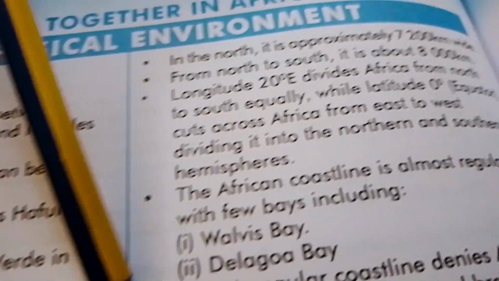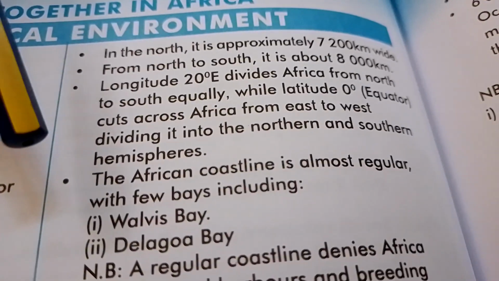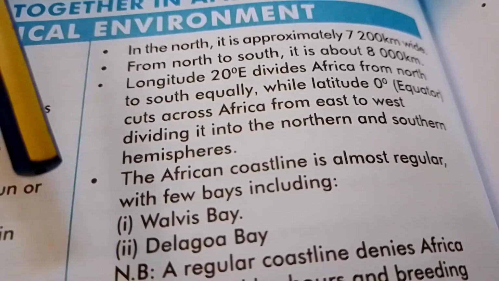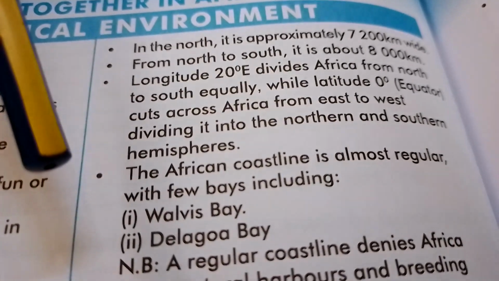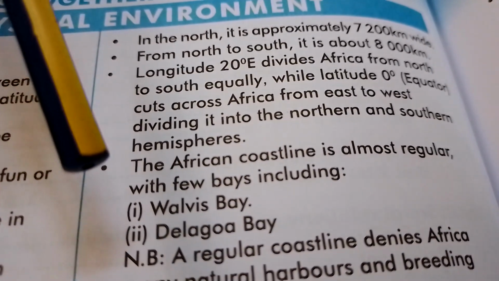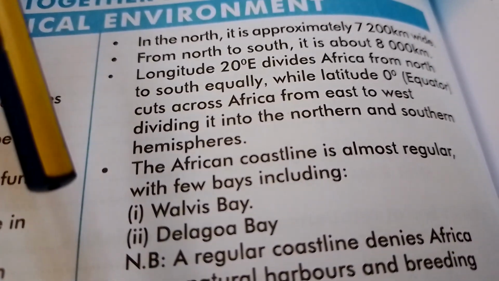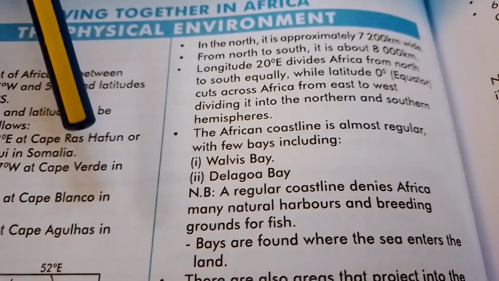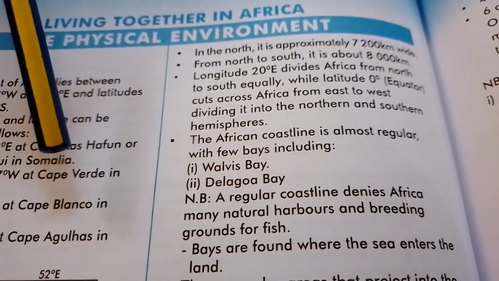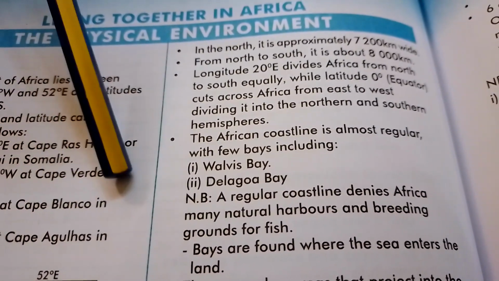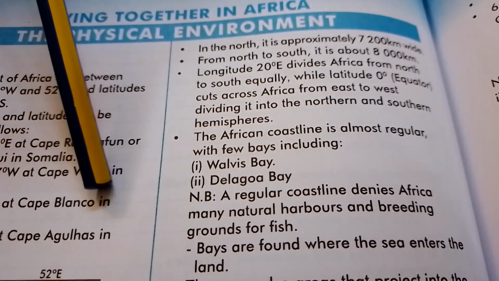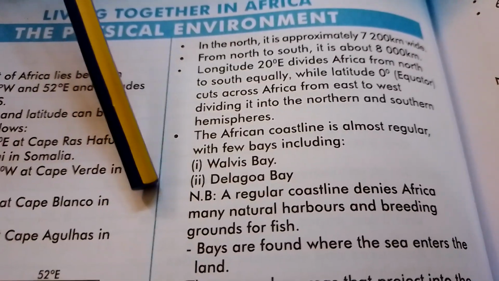Then from there, we say that the African coastline is also almost regular, with few bays, including Walvis Bay and Lagos Bay. Then the challenge of having a regular coastline: it denies Africa many natural harbors and breeding grounds for fish.